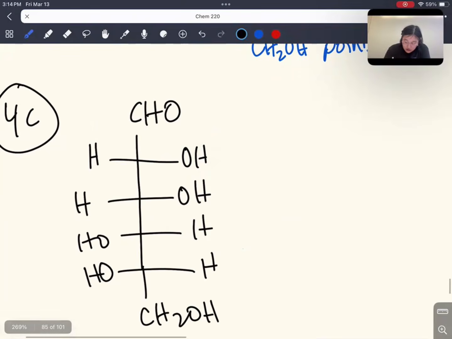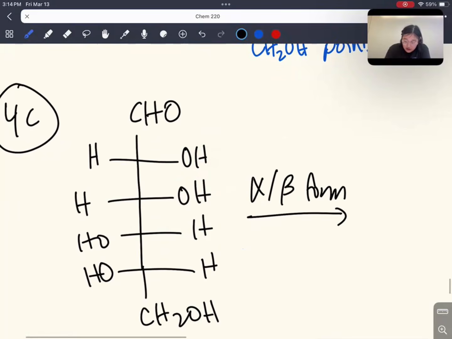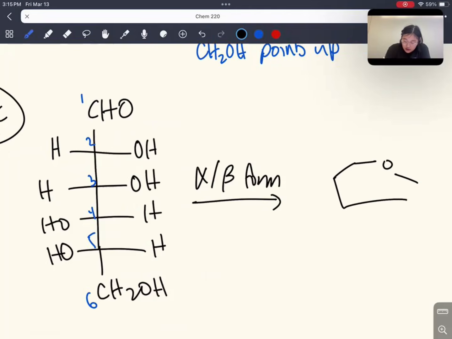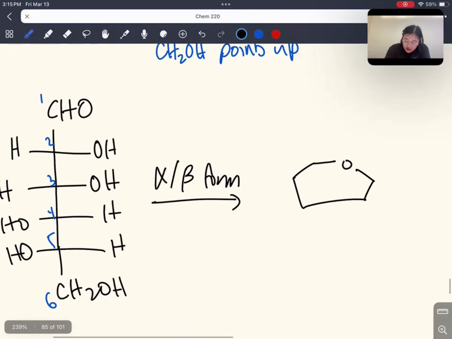And this one asks us to draw the alpha or the beta form. And so first thing we do, number our carbons. I have 1, 2, 3, 4, 5, 6 carbons. And so I'm going to draw a hexagon here. And then I will also number these carbons. So 1, 2, 3, 4, 5.